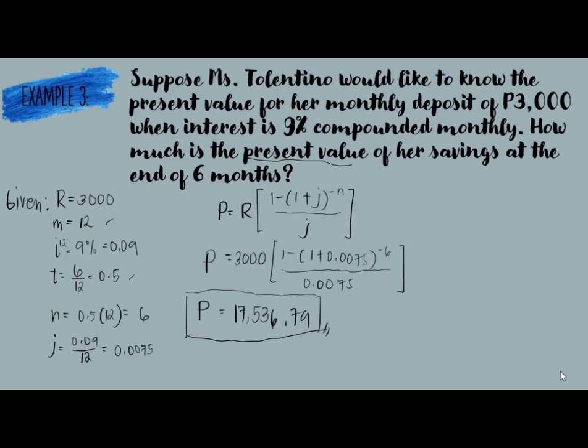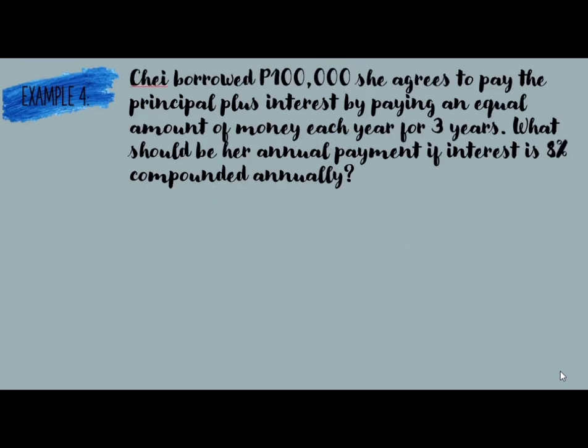Okay, so next example. Okay, so Che borrowed 100,000 pesos. She agrees to pay the principal plus interest by paying an equal amount of money each year for 3 years. What should be her annual payment if the interest is 8% compounded annually?